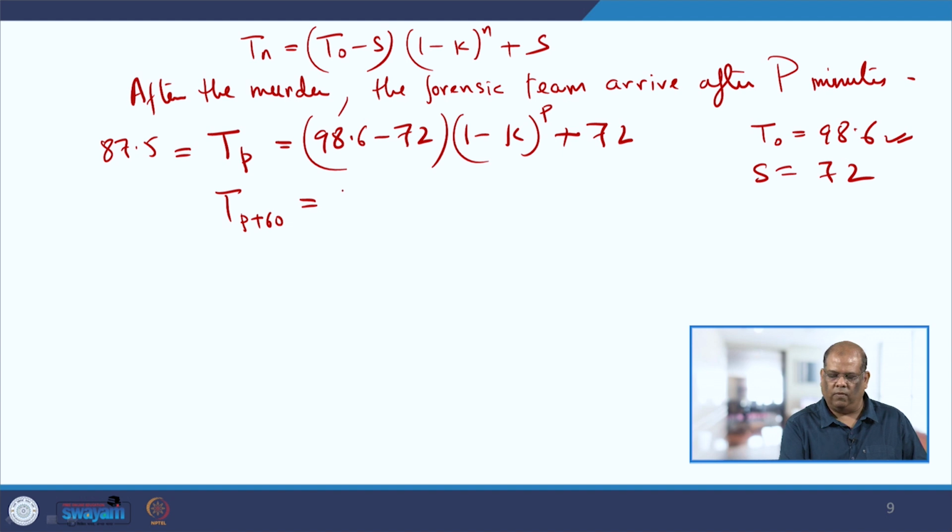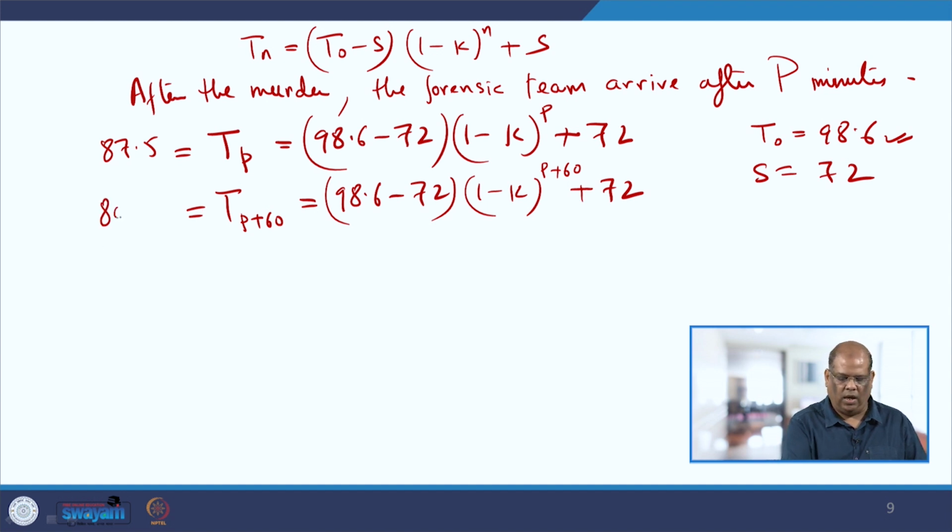The temperature T0 remains the same, the surrounding remains the same, (1 minus k), p is replaced by p plus 60, plus 72, but this temperature is 80.4. So, now you have to solve this.